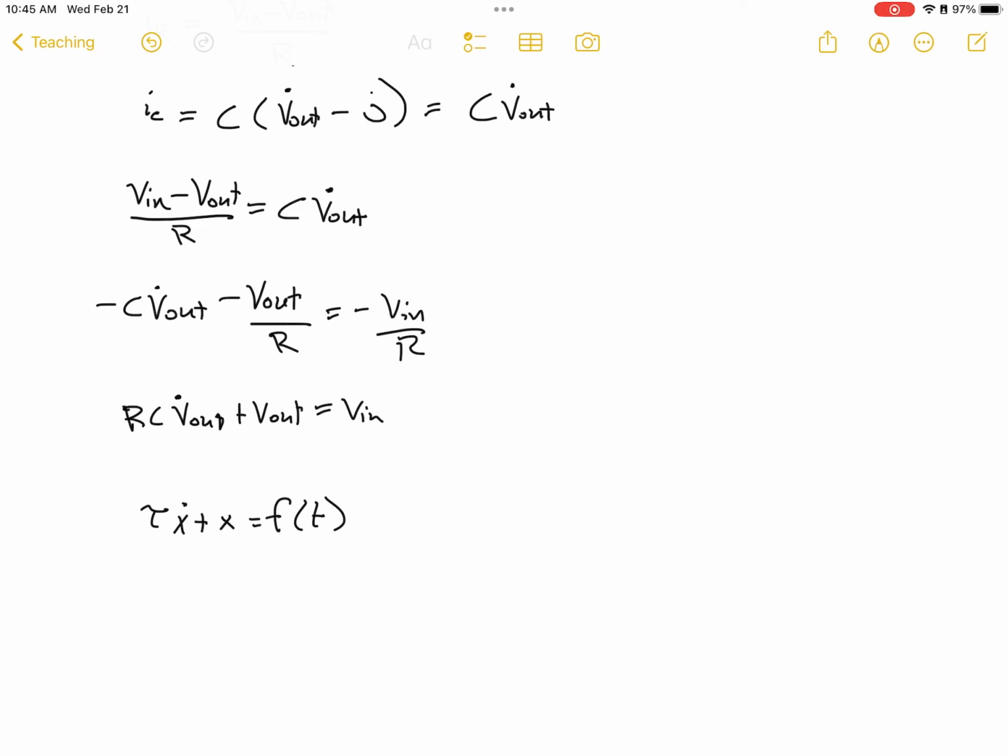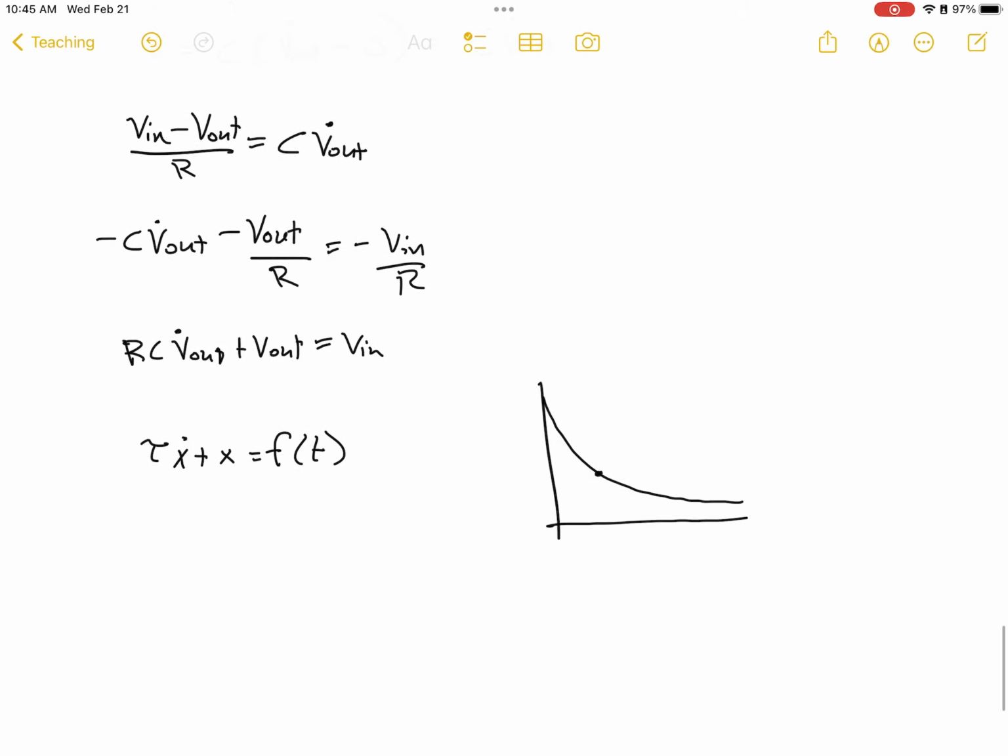It measures how long it takes to decay by 63%, to 37% of your initial value. If you're dealing with a step response, then it measures how long it takes to get 63% of the way to your final state. And in our case, tau equals R times C.